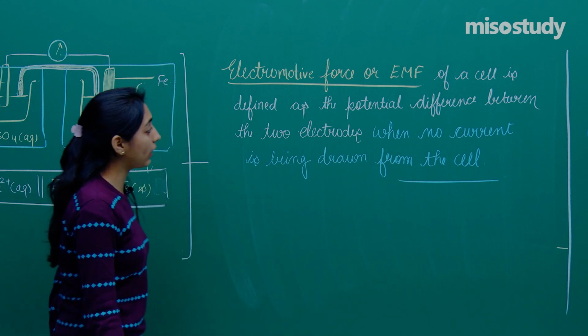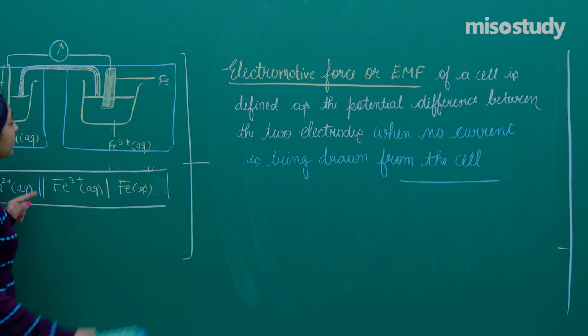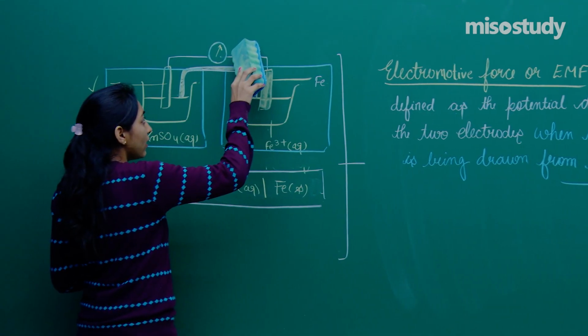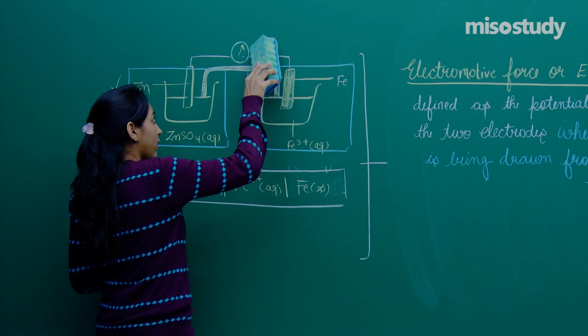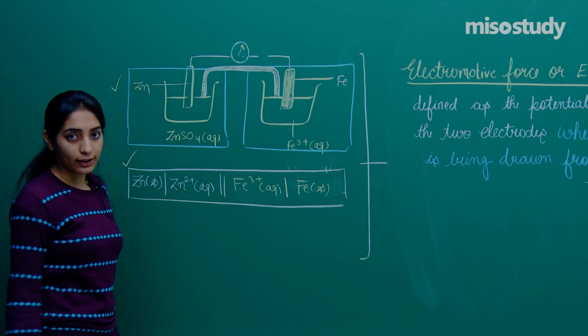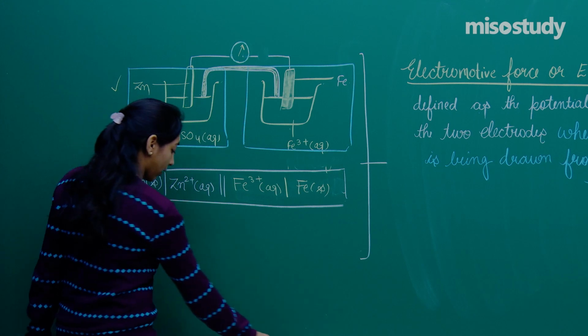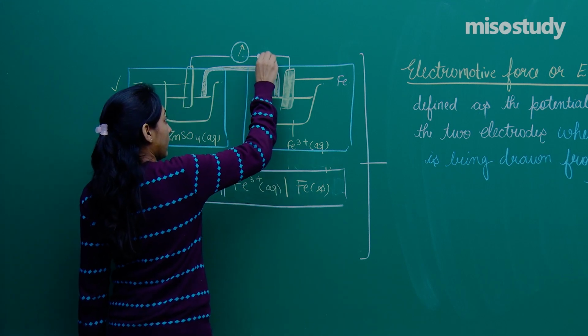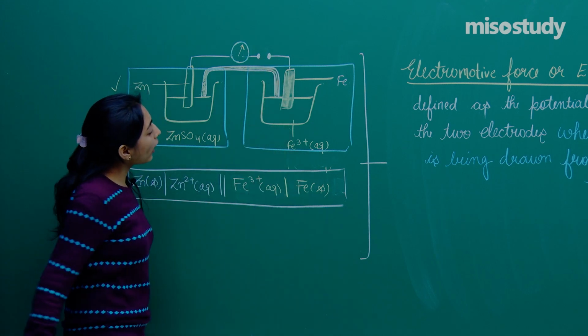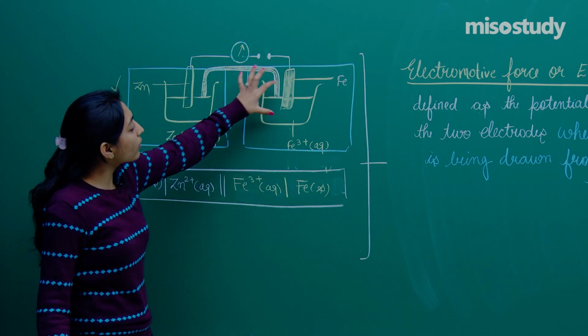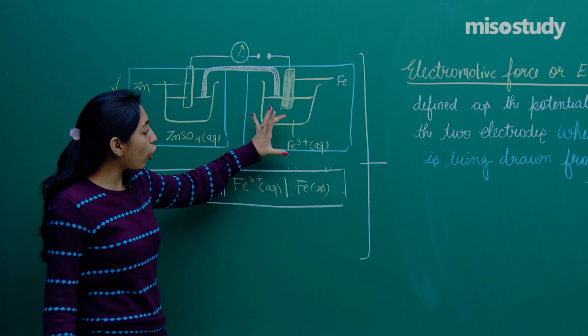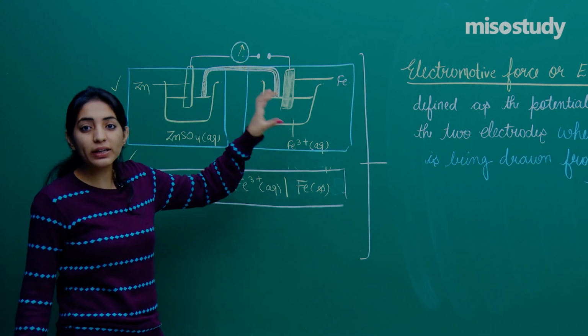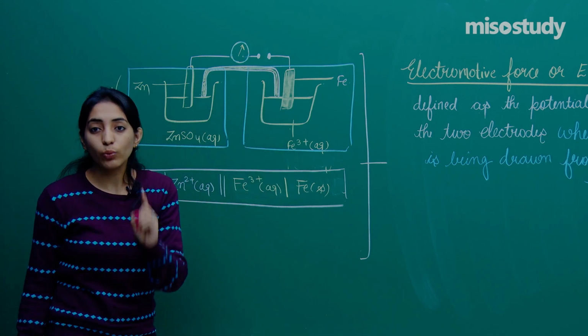Look at the board carefully. I am saying suppose there is a gap in the circuit. Okay, the circuit is having a gap. Gap means the circuit is not complete. You do agree, right? Whenever I am putting an iron electrode into the Fe3+ solution, a potential difference will be generated.